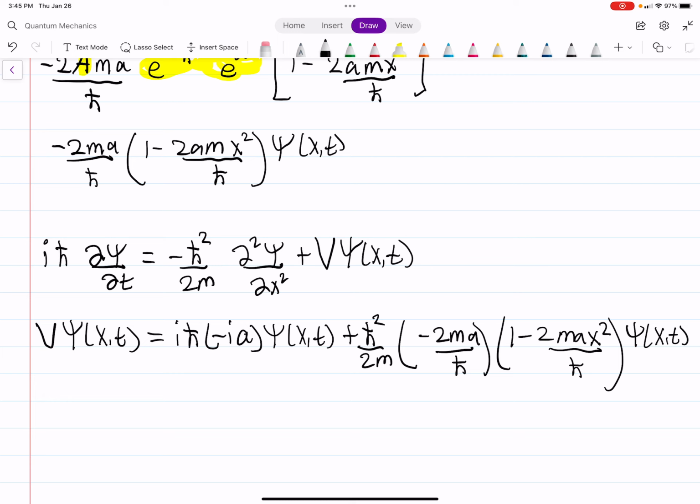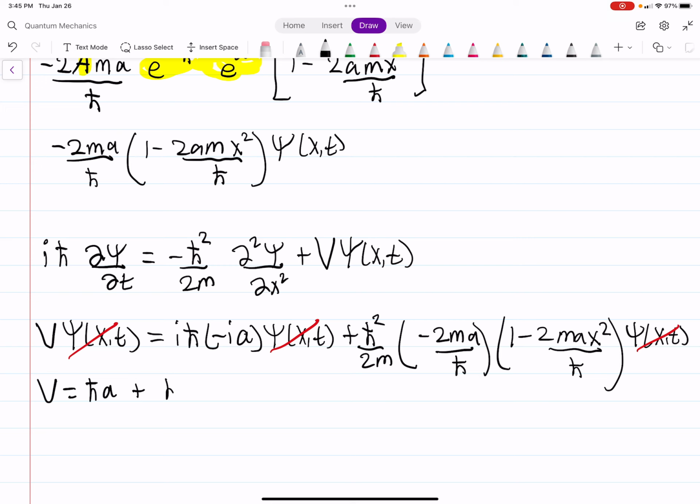All right, so just dropping our wave function here. That's why we wrote it that way. We have our potential. Let's see, i squared is minus 1. So minus i squared, that's just going to be h bar a.